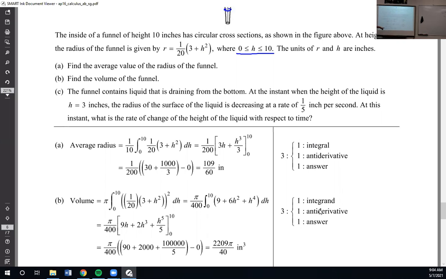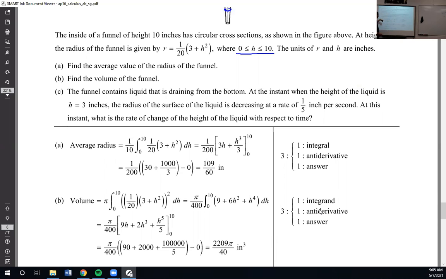But the good news is that since you're plugging in 10, it's not too difficult to know what 10 to the third is or 10 to the fifth. And most of the points come from, do you know that you're using the pi r squared? Can you take the antiderivative? And that should be pretty straightforward. And then the last point is for the answer.